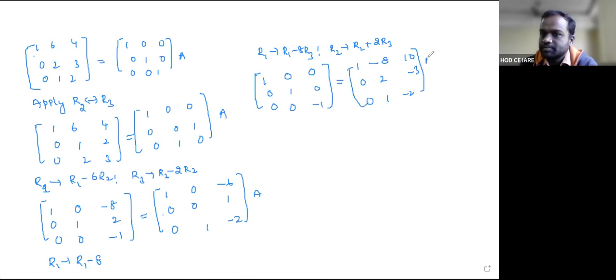Here we need the unit matrix, so I divide R3, changing R3 to R3 by minus 1, R3 into minus 1.